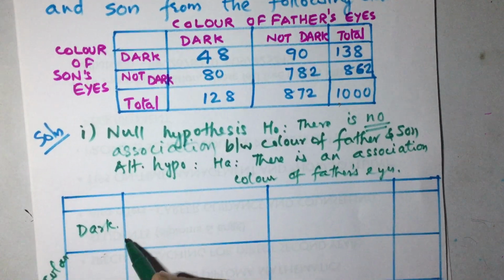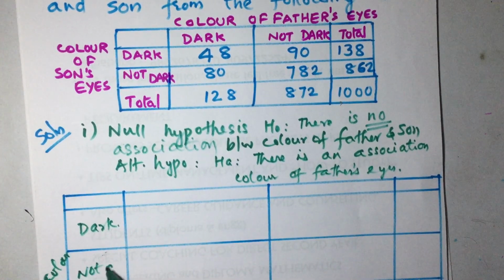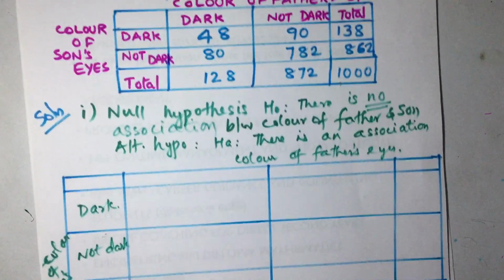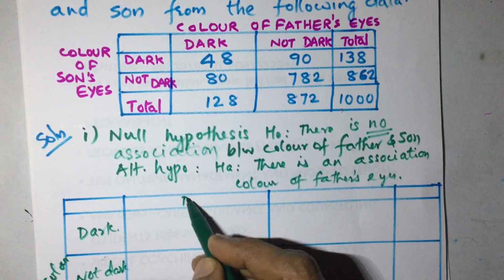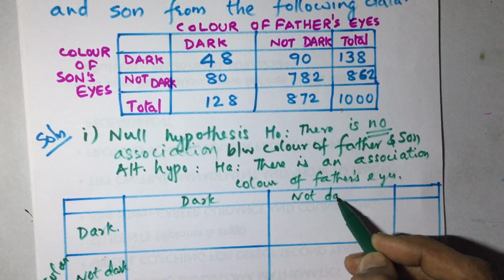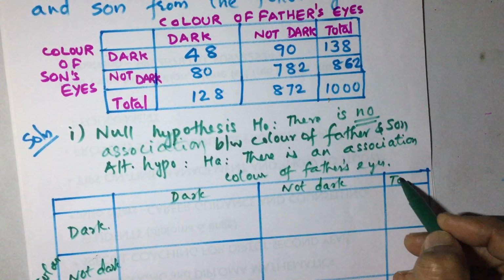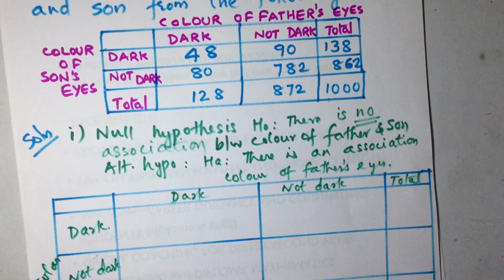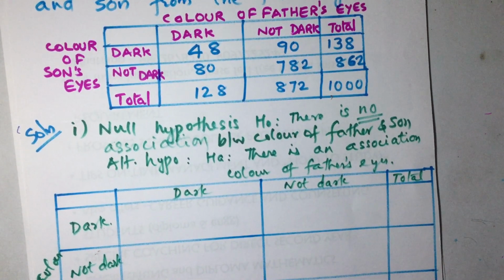Then here it is dark, not dark, and total. Here also dark, not dark, and total. Okay, now we will see how to find the expected frequency.